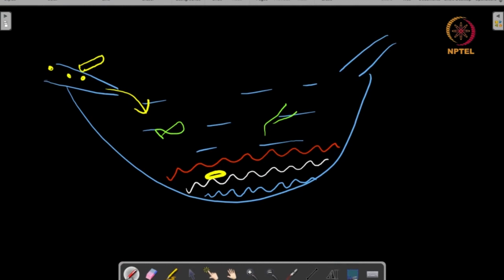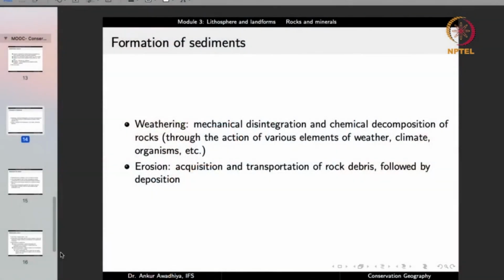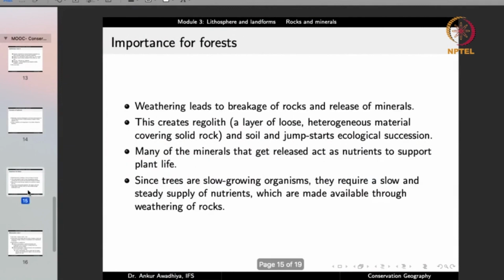So what we are saying here is that probably there was a rock somewhere, it got disintegrated into smaller fragments, and the stream carried these smaller fragments to this water body, and then these smaller fragments got deposited. So this is the process of formation of sediments. There is weathering, and there is erosion and deposition.